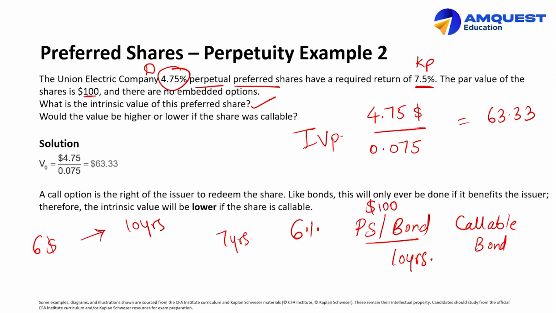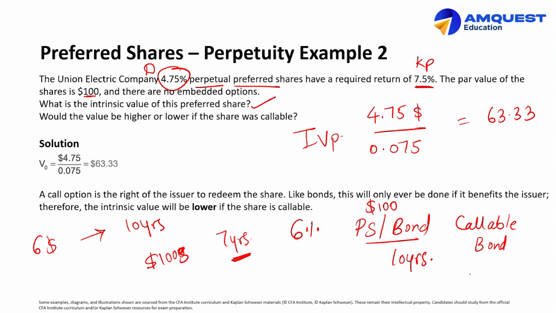Doesn't matter whether it's preference share or bond. And at the end of 10 years, you will get back the $100 that you have invested. After 7 years, the company has decided that we have enough money. Let us call back the preference share and bond. That means we are asking the preference shareholders and the bondholders to surrender the bond or the share back to the company. We will give them back the $100 and no need to pay them $6 for the remaining 3 years. So this is called a call option.